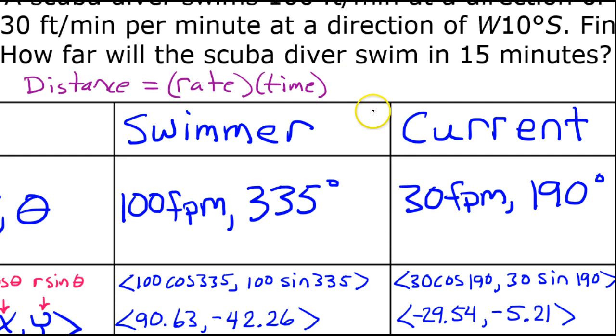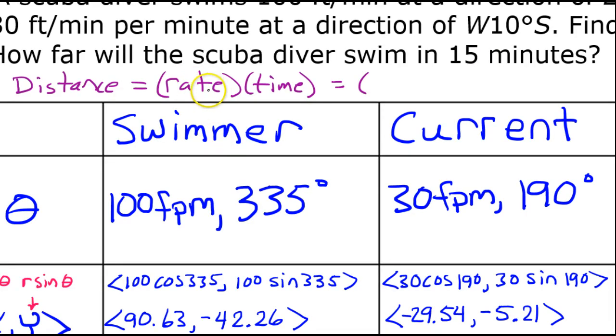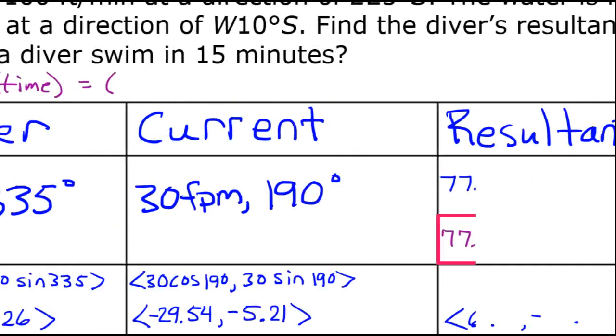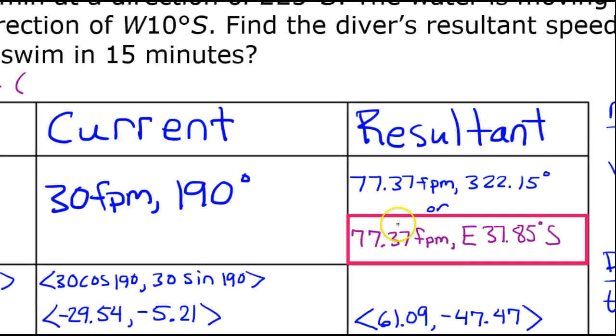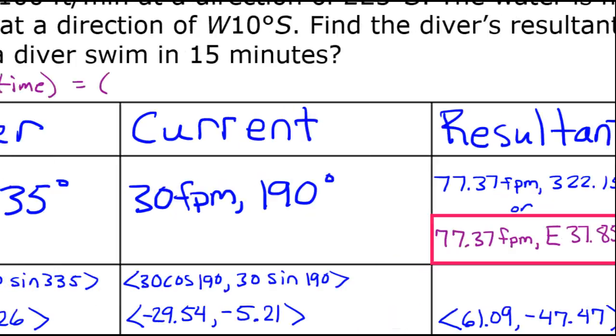Okay, so we want to find the distance that he swam. So all we need is the speed and the amount of time. So obviously the amount of time is 15 minutes. So that means all we need is the speed. Okay, and the resultant speed of the swimmer, once you take into account the current, was 77.37 feet per minute.